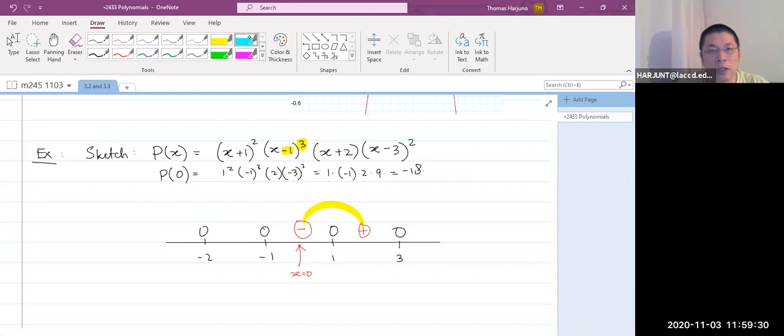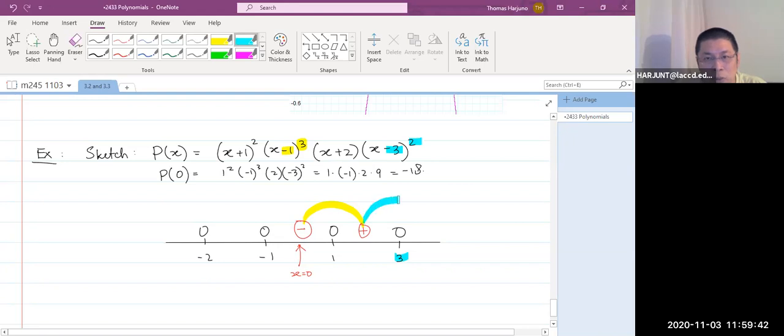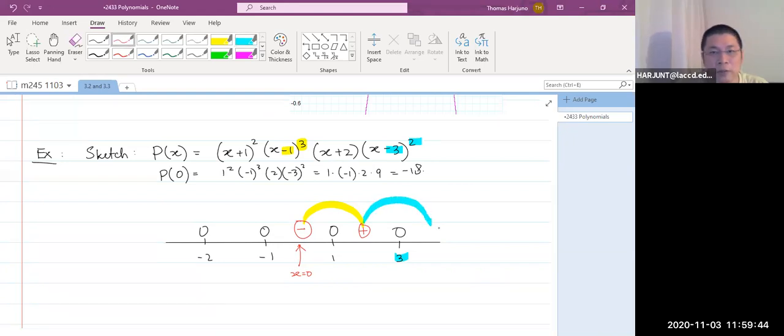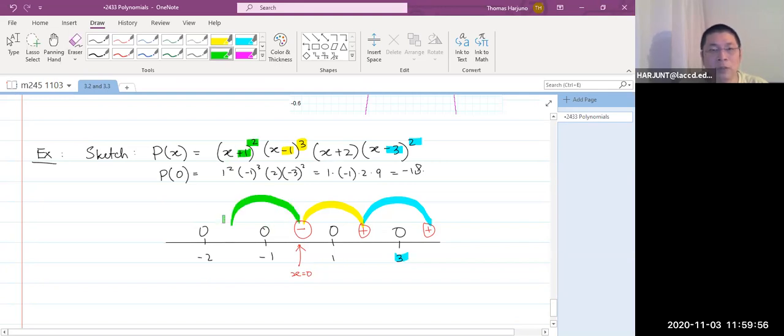And 3 is a zero with even multiplicity, so when I go around that zero, I don't change sign. -1 is a zero with even multiplicity, which means when I cross that critical number, I don't change the sign either. -2 is a zero with odd multiplicity 1, right? So when I cross that one, I change the sign, plus.